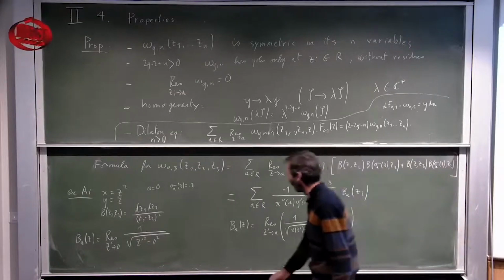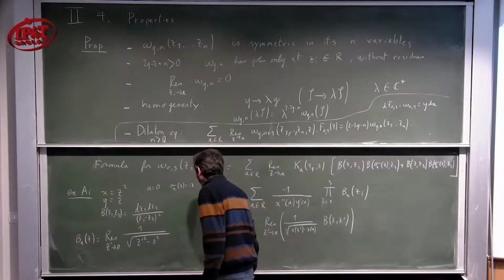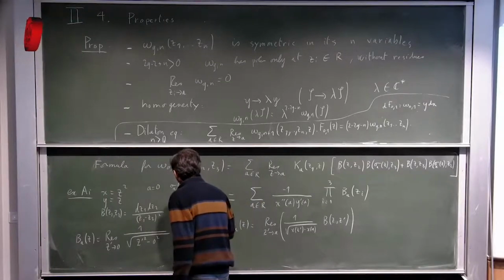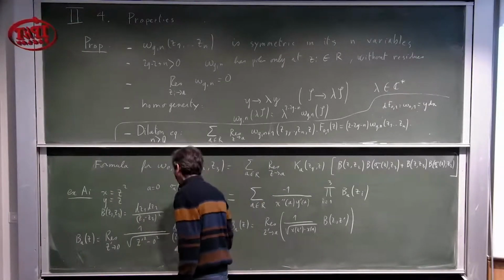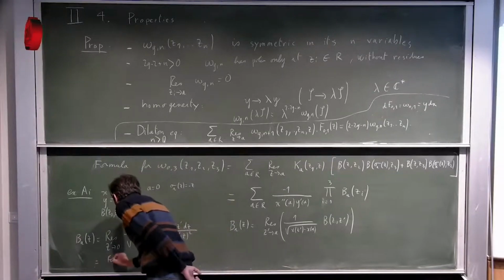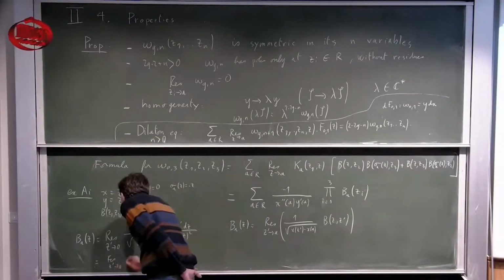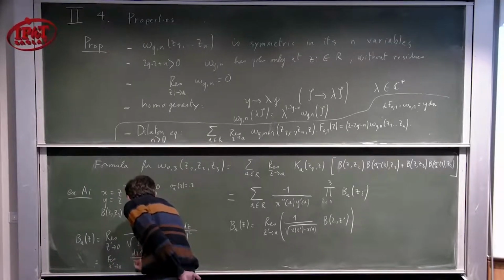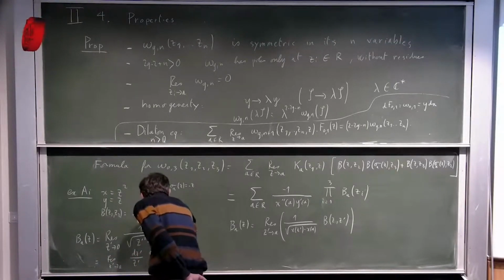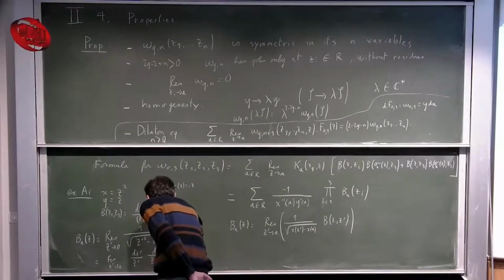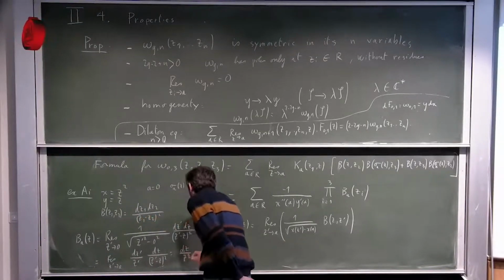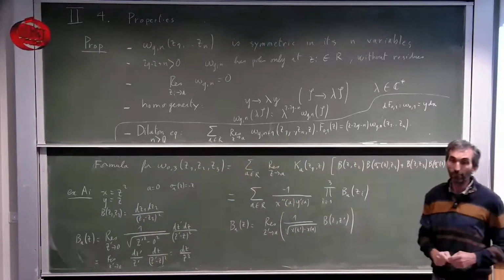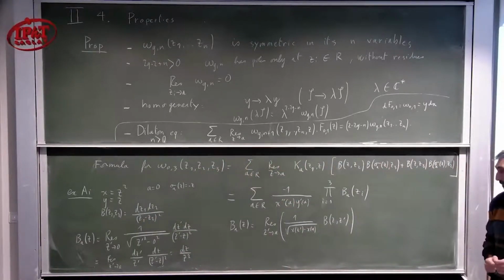Basically, it's 1 over Z prime in this case, times dz prime dz over (Z prime minus Z) squared. So it's the residue when Z prime goes to 0 of dz prime over Z prime dz over (Z prime minus Z) squared. So this is just dz over Z square. Just evaluate at Z prime equals 0.